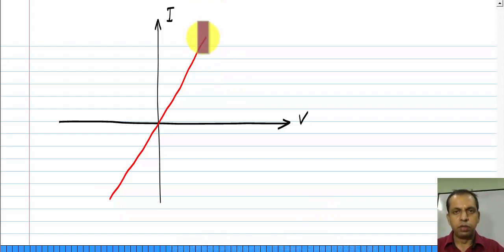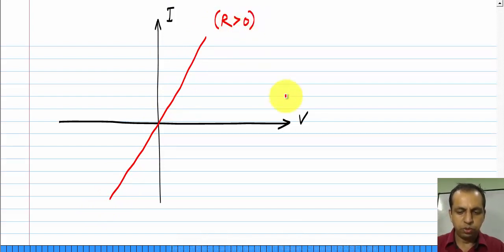Now, whatever the value of the resistor, the curve is always a straight line with a positive slope. Again, I am considering the resistance to be more than 0. We do not consider negative resistances here, we consider physical resistors here, which have a positive resistance.